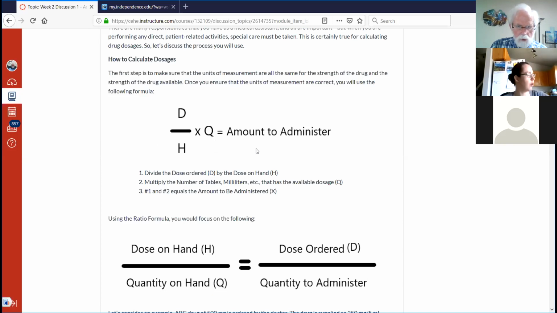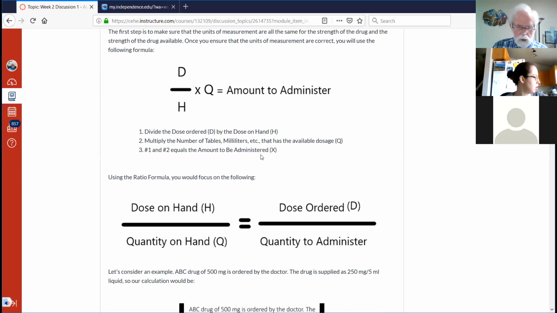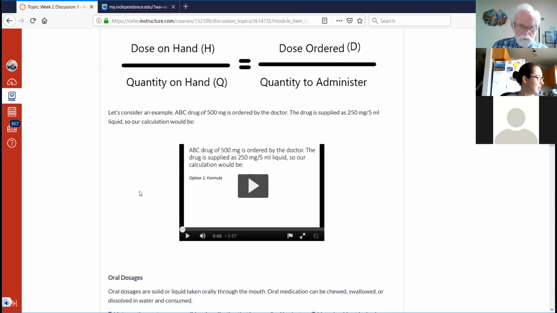Okay. So these are the same formula, just in a different arrangement. We've got a quick video showing this calculation, which you can look at.